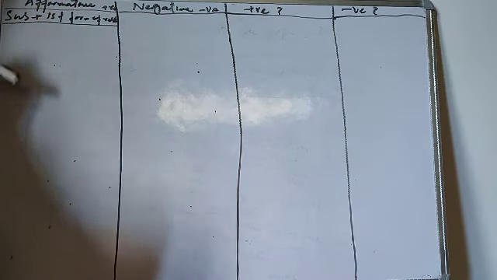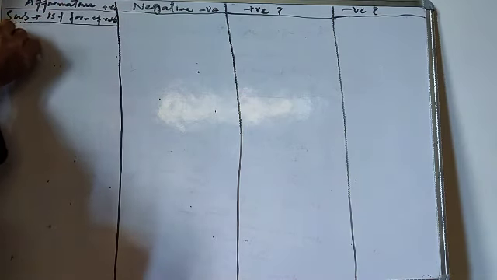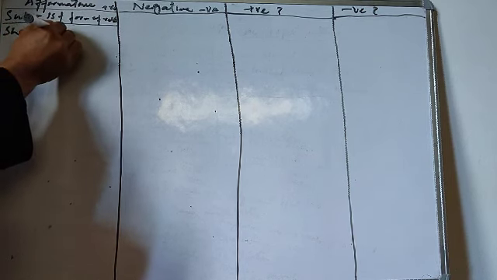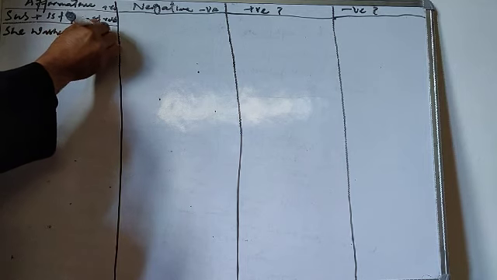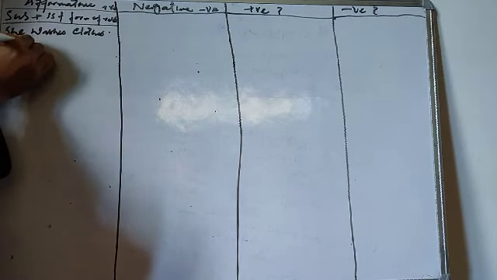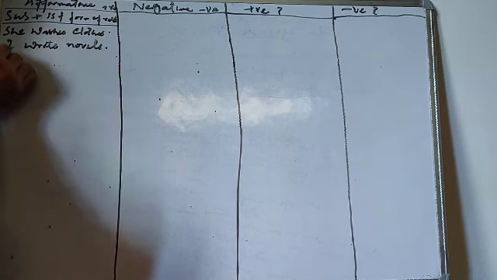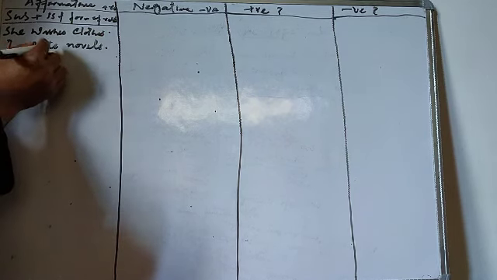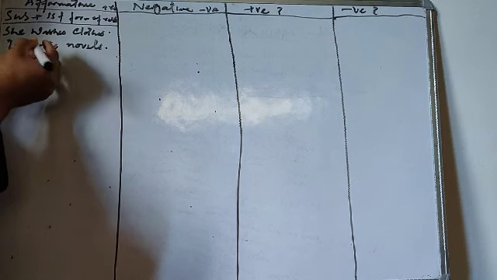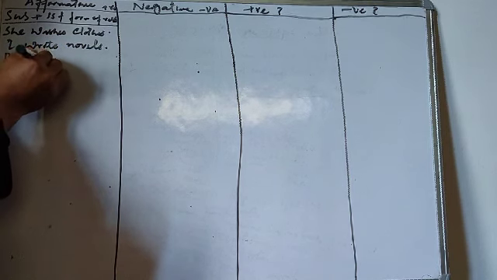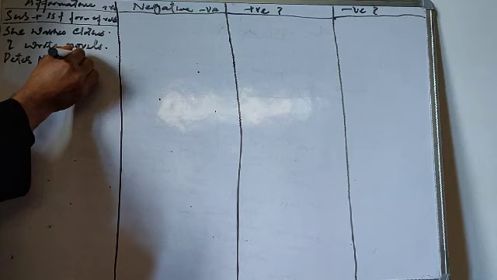Let me give you a few examples. She washes clothes. I write novels. Peter plays chess.